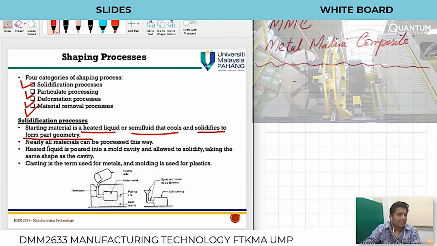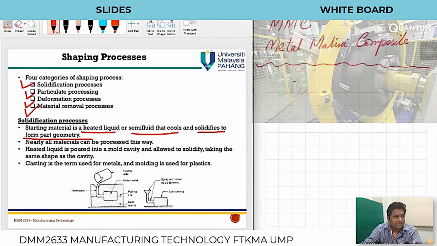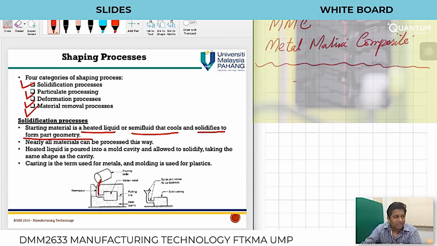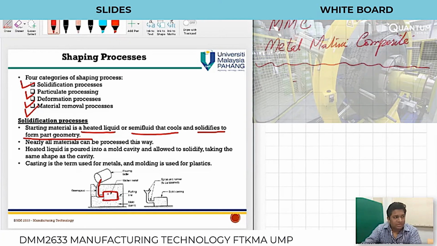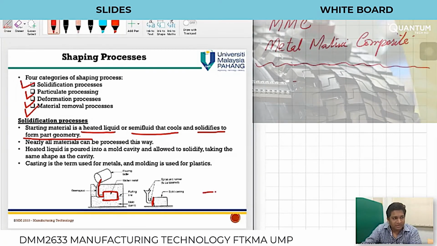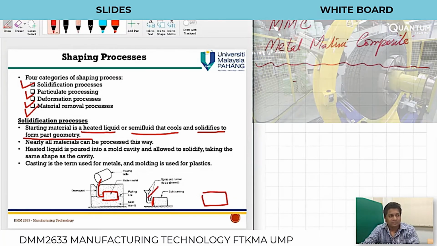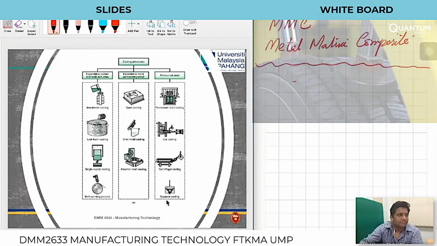Very simple. So this is, let's say, iron which I melt and then I pour it in a die to form this shape. Okay, so later on what I get is this shape, and I'm going to cut this part so that I get the final product like this. This part is removed. Okay, so this is solidification process.